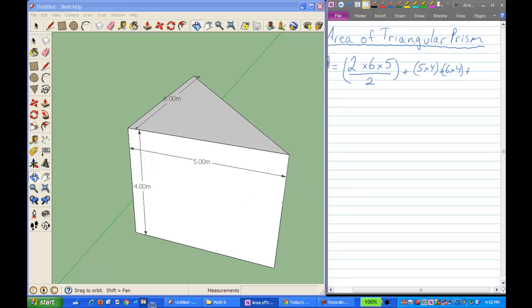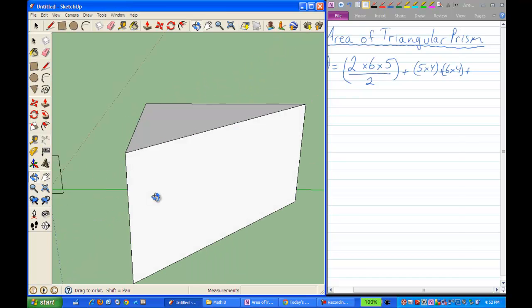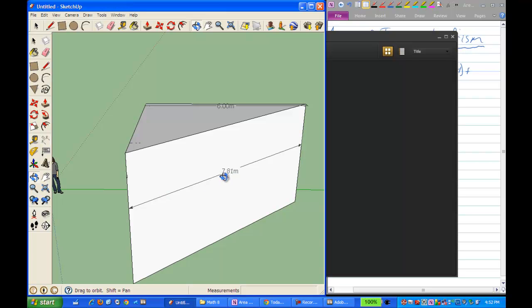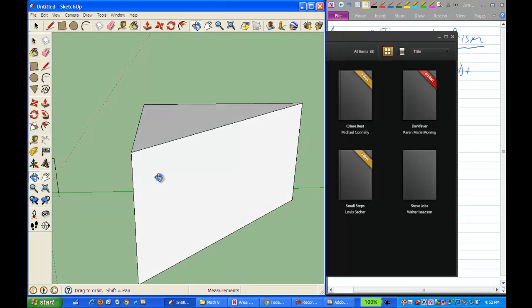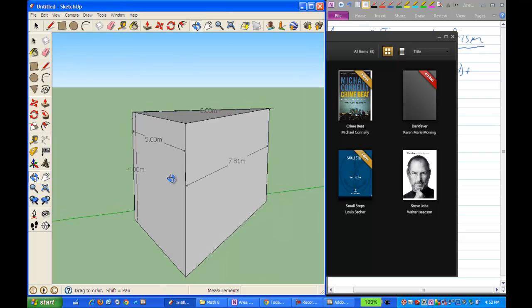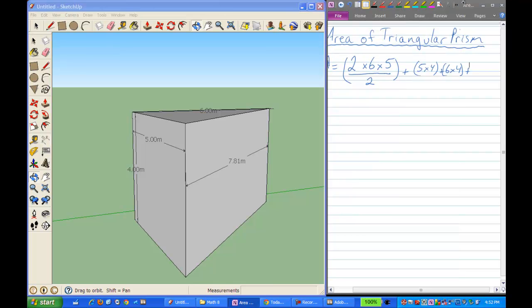We're going to orbit around here. We have this is 7.81, and remember it's 7.81 by 4 meters high. This is the only one here that doesn't have a whole number. So we have 7.81 by 4.